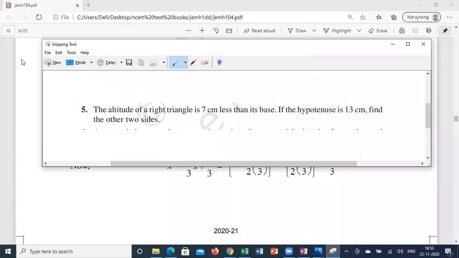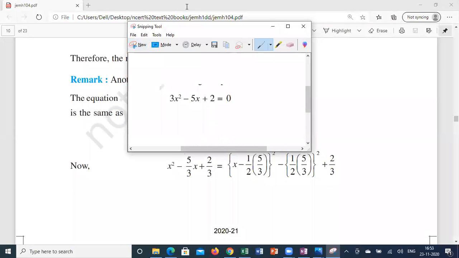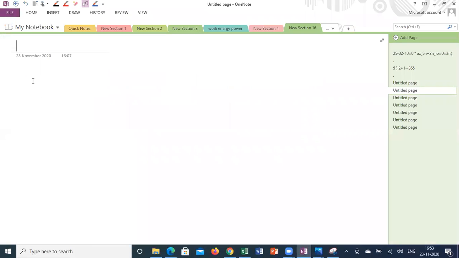Everyone knows how to do the completing the square method. Am I right, guys? Yes, sir. Solve this question using the completing the square method.